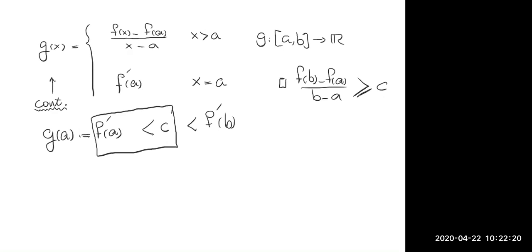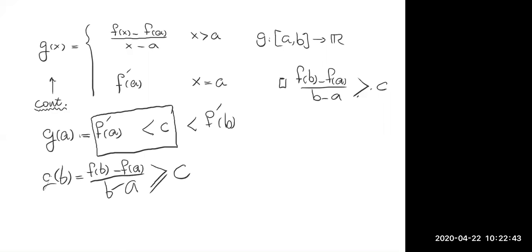On the other hand, look at g of b. G of b is f of b by definition minus f of a over b minus a. And we assume this number is greater or equal than C. Okay, let's say it's just greater.